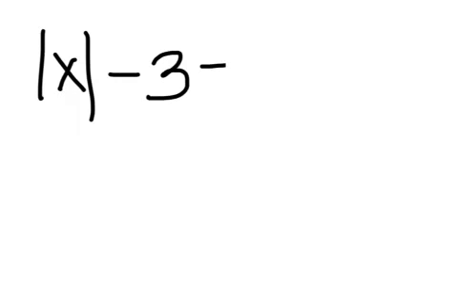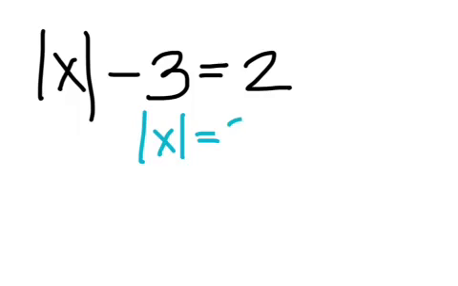Alright, let's say we have the absolute value of x minus 3 equals 2. Before you can do anything about setting up two different equations, you must get the absolute value brackets by themselves. To do that, you're going to have to move the minus 3 to the right and make it plus 3.